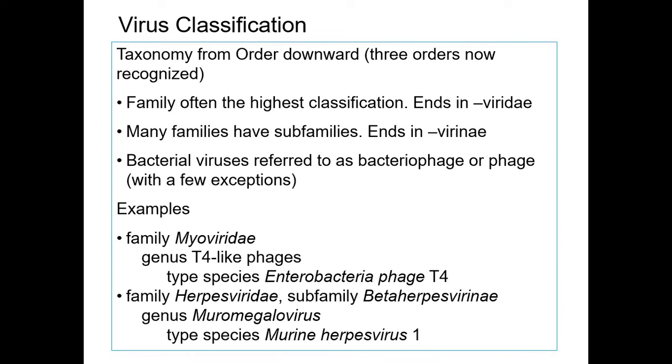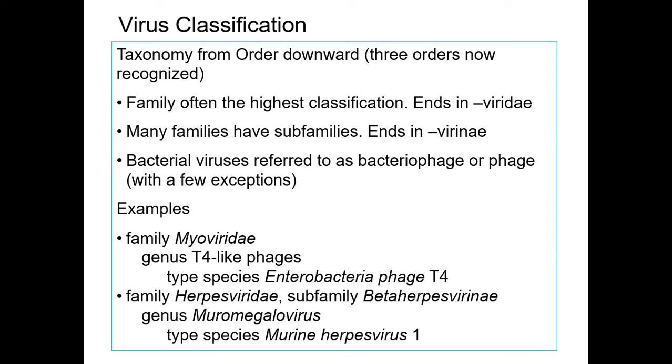Virus classification taxonomy goes from the order downward. Three orders are now recognized. Family is often the highest classification and ends in viridae. Many families have subfamilies ending in virinae. Bacterial viruses are referred to as bacteriophage or phage, with few exceptions.